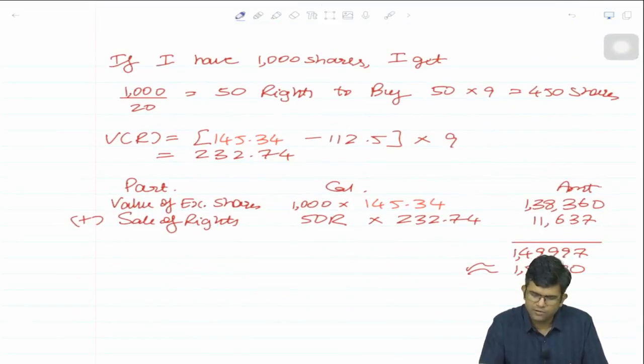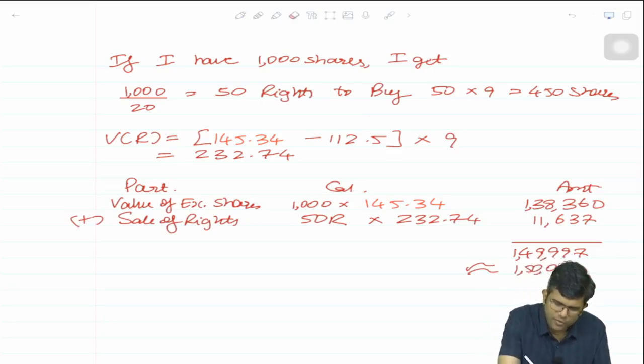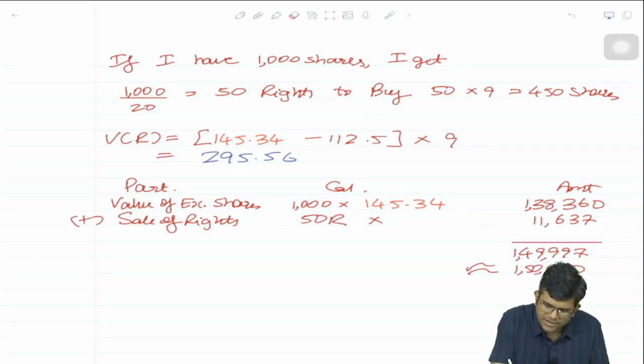Now here I will say I have got 1000 shares and all. So the value of one right for me is 145.34 minus 112.5 into 9, and this is 295.56. So the 50 rights I will sell will be at 295.56.